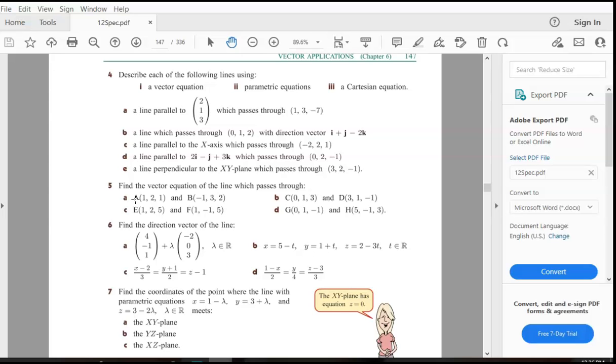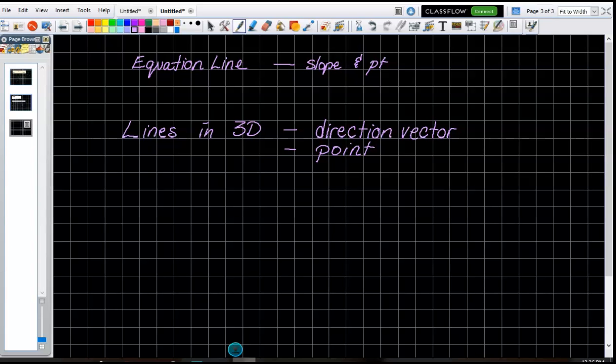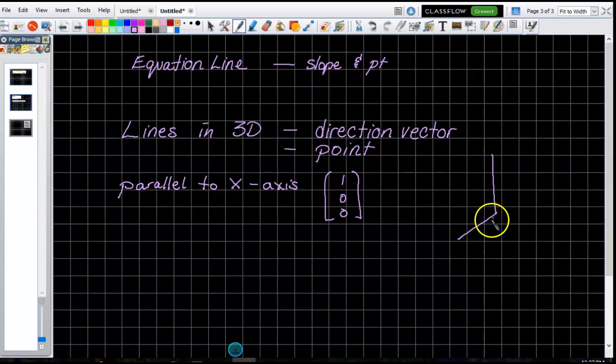A line parallel to the x-axis which passes through the point -2, 2, 1. So if it's parallel to the x-axis, do we remember what that vector would be? 1, 0, 0. Okay, because remember our axes here.